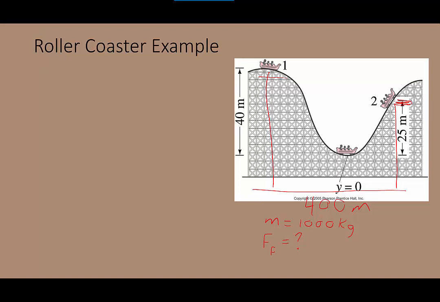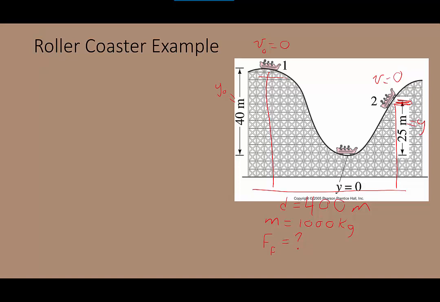All right, so to start with, we are going to have to keep in mind the initial speed up here is 0. We are also going to have to keep in mind that 40 is the initial height, and the final speed here is also 0, and the final height is 25 meters. And then, as I said, 400 meters is the distance.